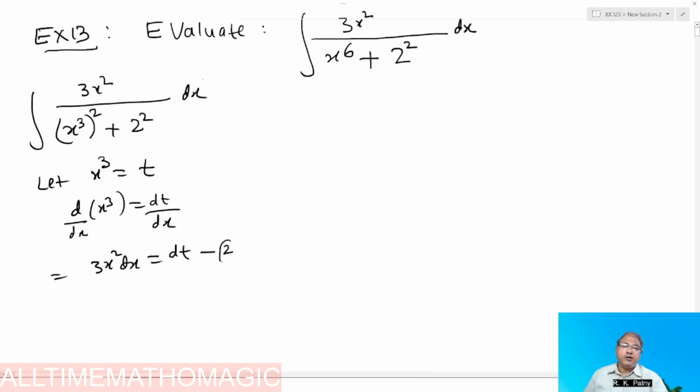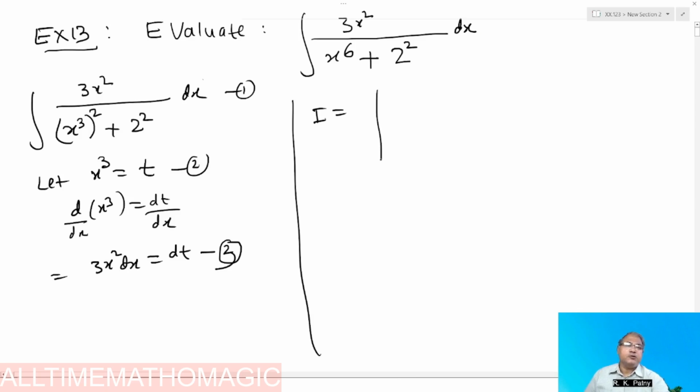Call it 1, call it 2, and call it 3. Therefore, I equals, the given question can be written as 1 upon x cube whole square plus 2 square into 3x square dx.